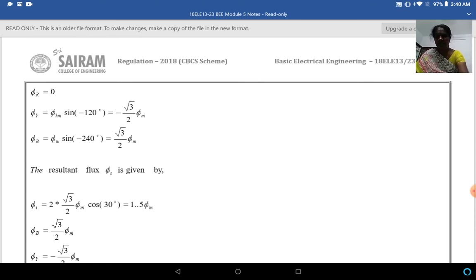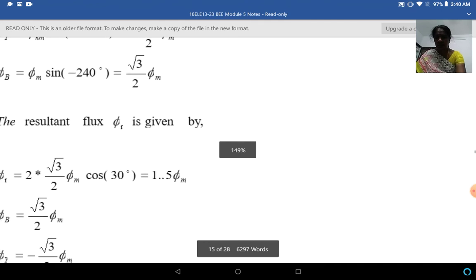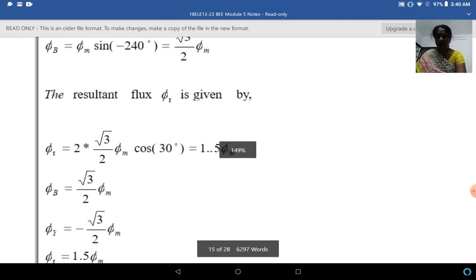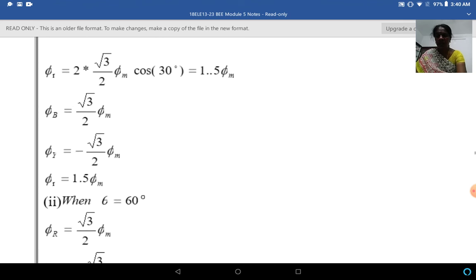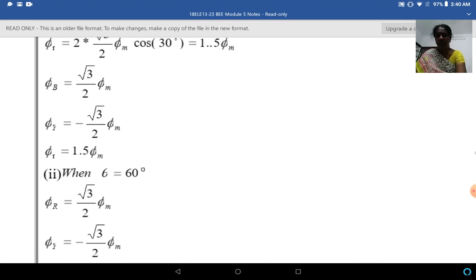The resultant flux phi r is given by 2 into root 3 by 2 phi m cos 30, which is 1.5 phi m.